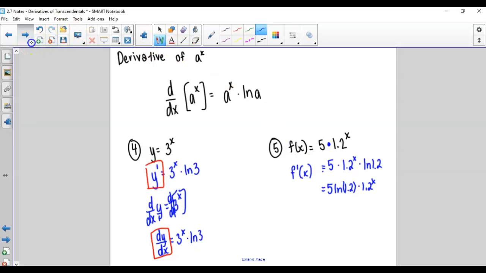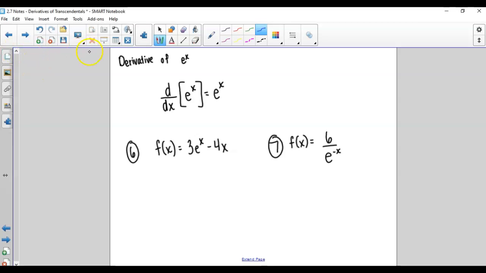All right, let's look at our next problem. These are really the easiest right here. Exponentials are your easiest derivatives you can ever do as long as you remember what they are. So the derivative of e to the x is e to the x. E to the x is its own derivative.